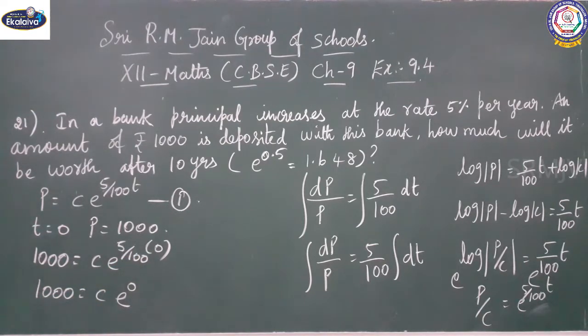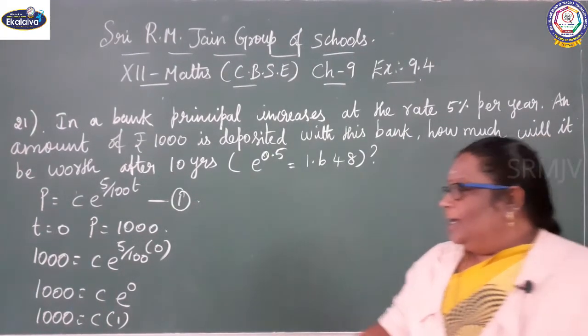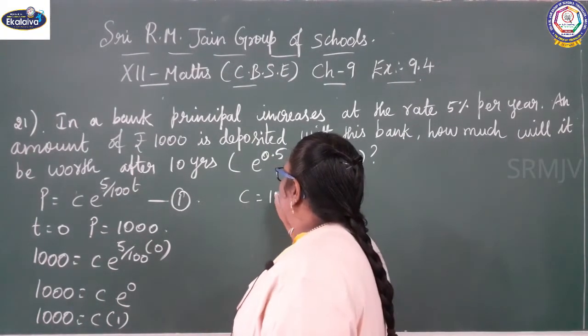Any number multiplied by 0 is 0. So 1000 equals C into e power 0, and e power 0 value is 1. So C equals 1000.